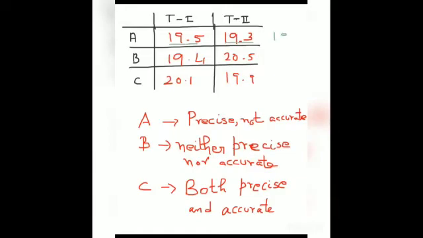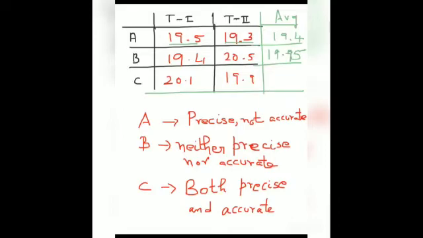Student B got 19.4 and 20.5, and the average is 19.95. Student C got 20.1 and 19.9, an average of 20.0 ml. In this titration, the actual value they should have got is 20 ml.